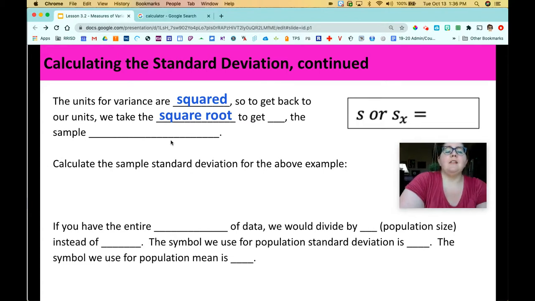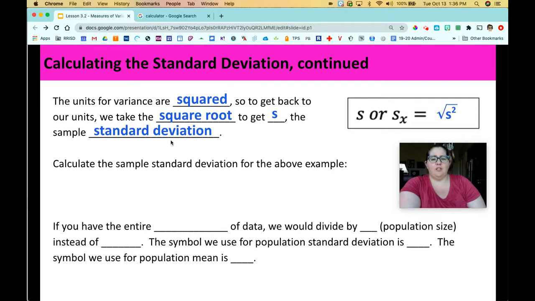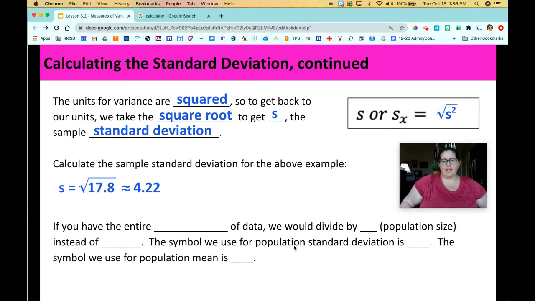So we squared things earlier, now we have to unsquare them, otherwise known as a square root, to get s, which is our standard deviation. So once you find the variance, which is s squared, we're now going to find the standard deviation, which is just s. In other words, we're going to take the square root of that variance to get our final answer for standard deviation. So s equals the square root of that 17.8.